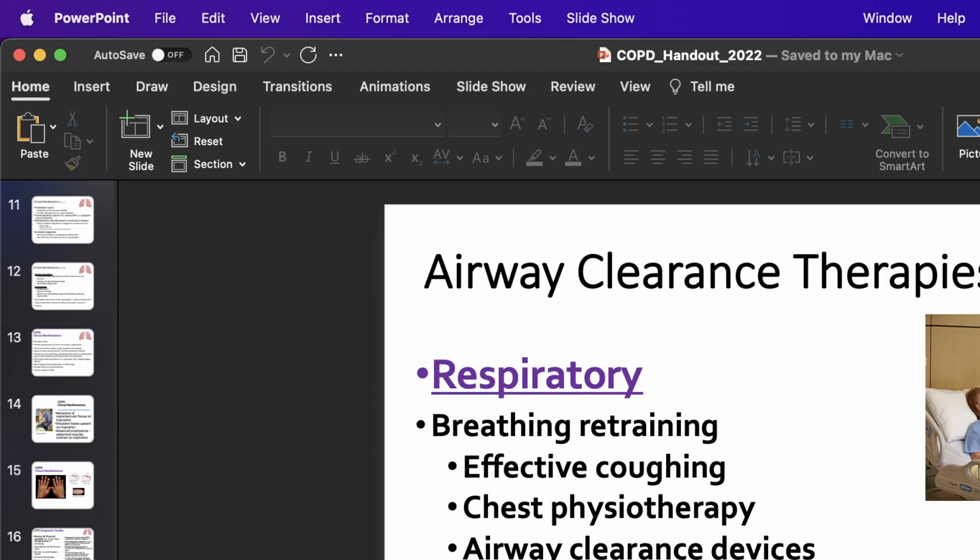It's similar to, if you've ever seen somebody clean their glasses, they kind of go on their glasses to fog them up and clean them, or you can do it on a mirror. That's all a huff cough is. It's not rocket science. It's just a way to help get secretions out of the smaller airways. So if you can teach them how to do huff coughing, it helps with mobilization of secretions.